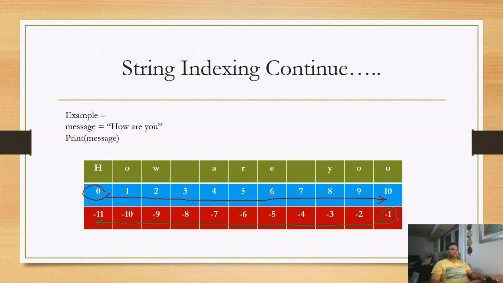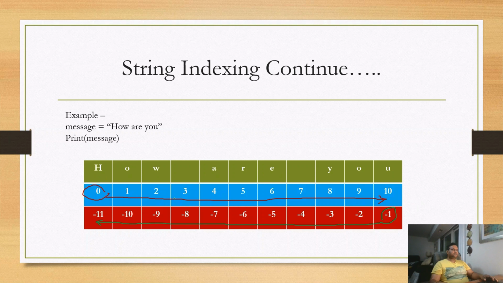So this is -1, and then it goes -2, -3, -4, like this until it reaches the end. So this is called indexing, like positioning each and every character within the string. When we position in positive numbers, it is positive indexing: left to right from 0, incrementing by 1.